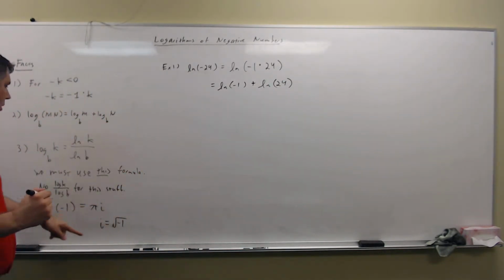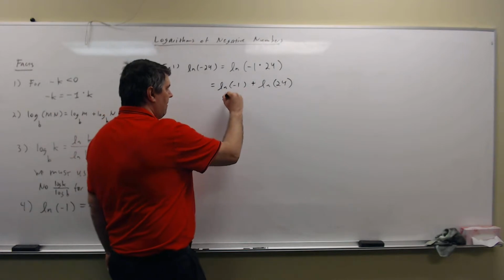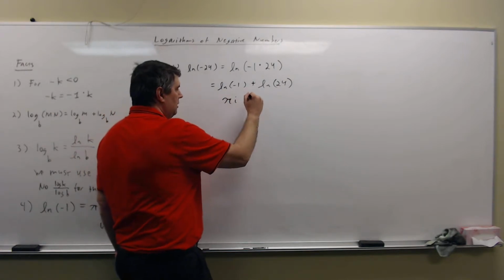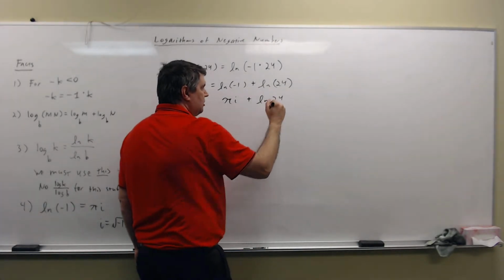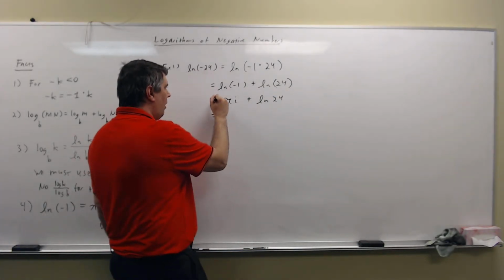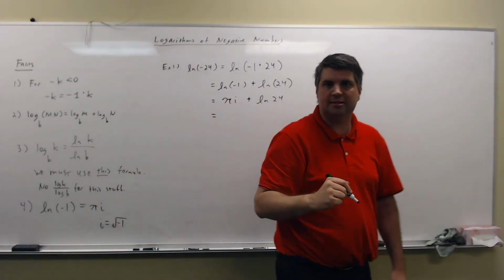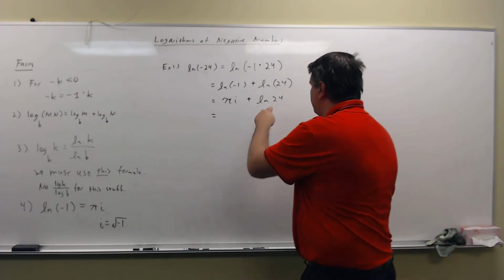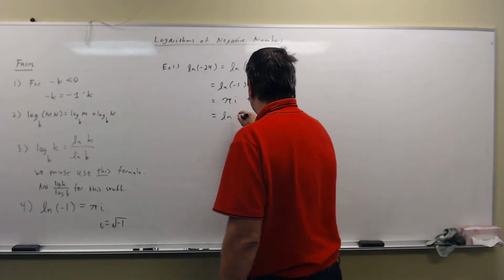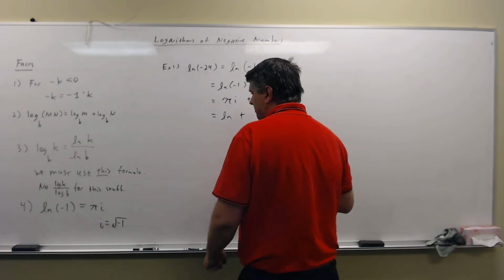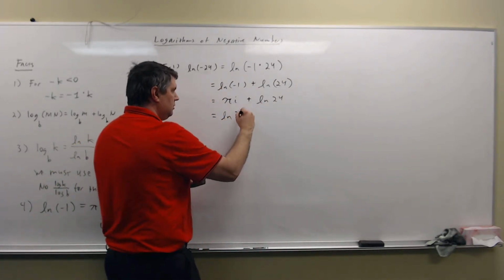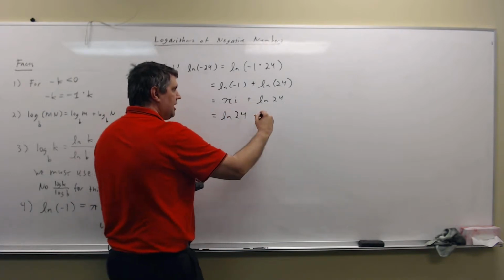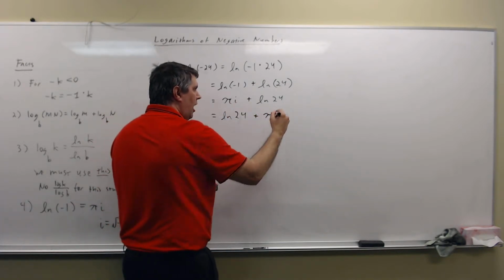The natural log of negative 1 is pi i. This is just the natural log of 24. Now, in complex numbers, the real component should be written first, and the imaginary component should come second. Natural log of 24 plus the imaginary component, pi i.